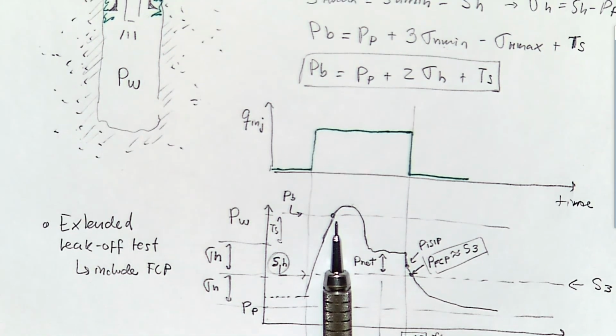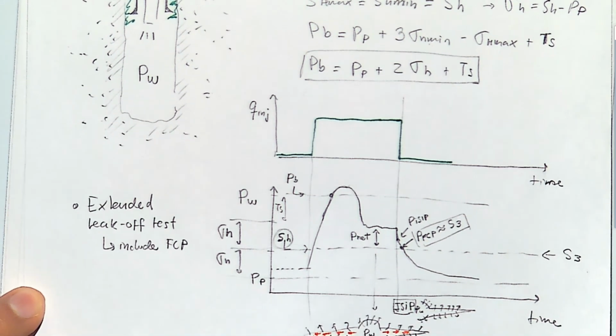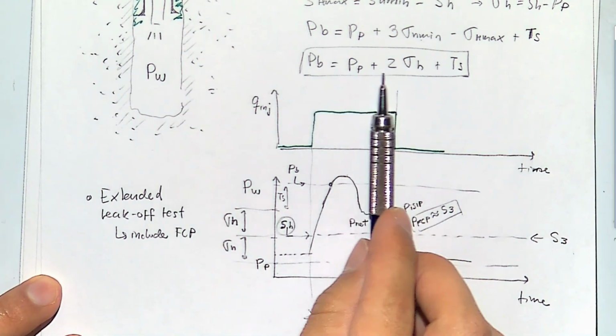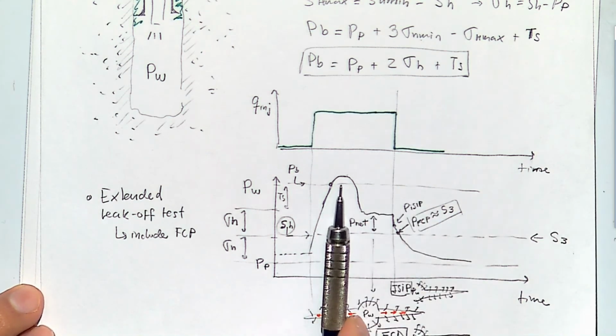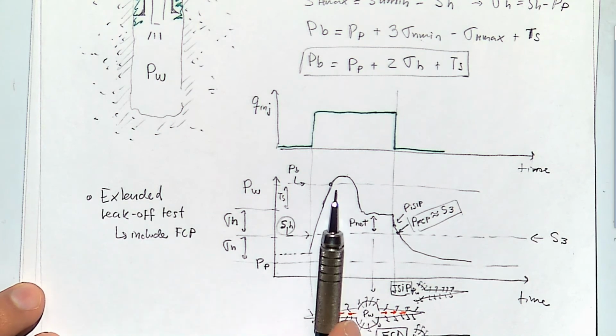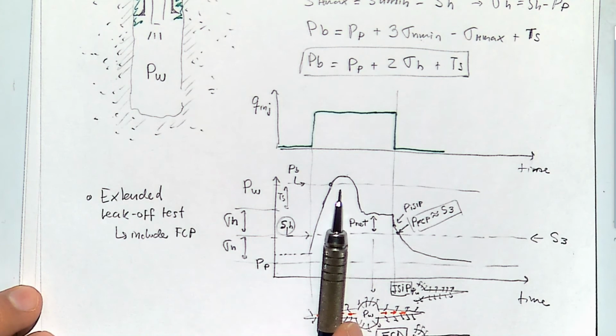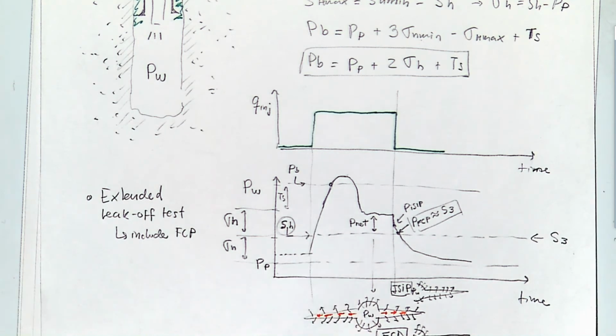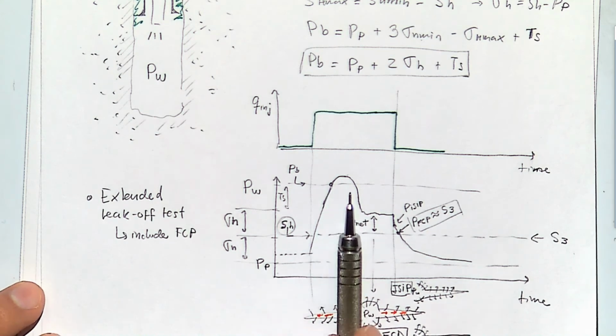Now, if you actually do the leak off test and not just calculate it with this equation, then you will get to know what is your actual upper bound for the fracture gradient. So now this value is going to become your fracture gradient. You can measure it. Of course, this is going to be an expensive measurement, but you can do it.